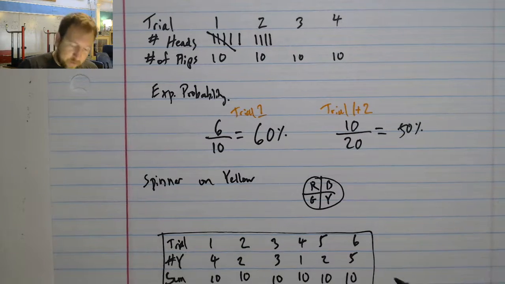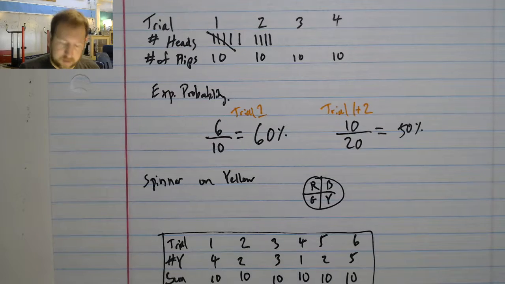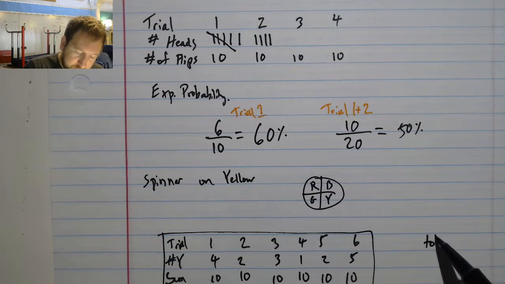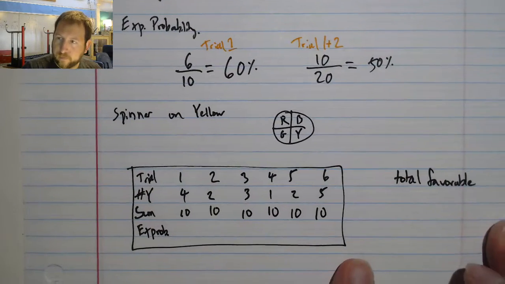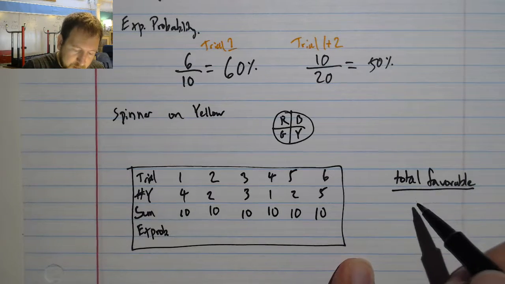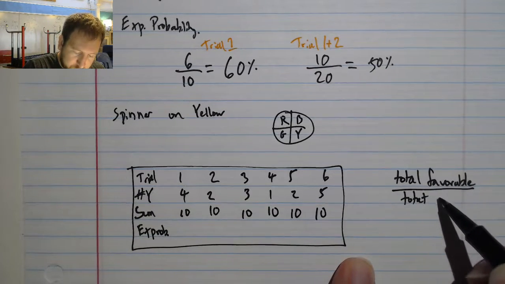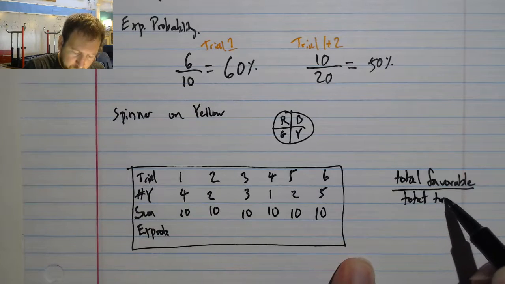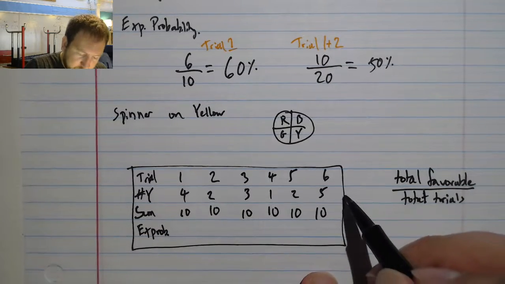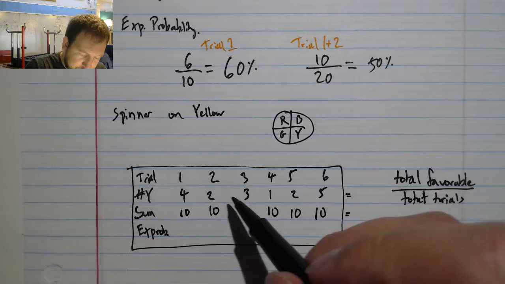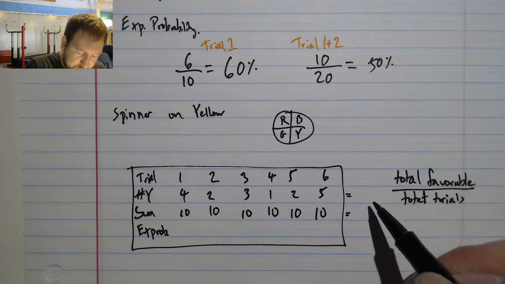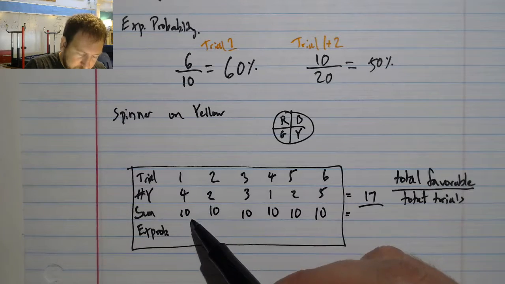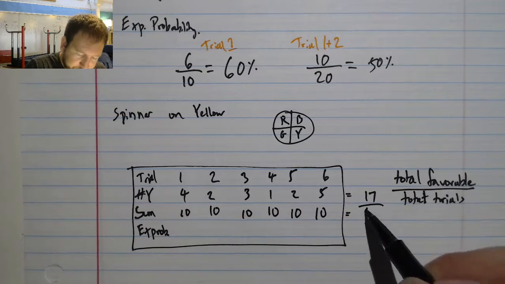So in this case, if I want to find my total experimental probability, all I add up is the total favorable over my total trials. So I can sum up these and sum up these. 6 and 3 is 9, 10, 11, 12, 17, and 10, 20, 30, 40, 50, 60.